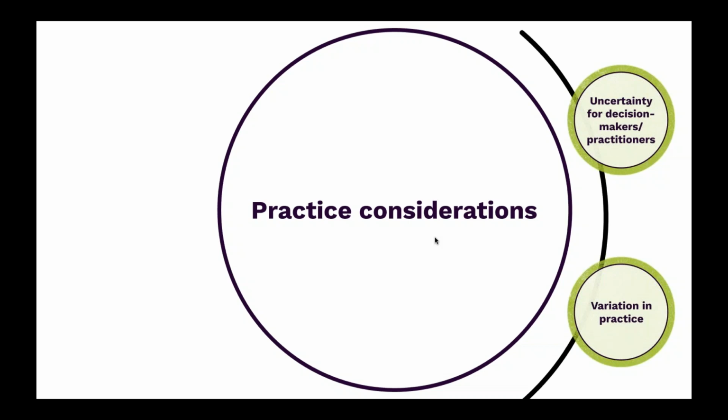Sometimes there's not uncertainty, but there's variation in practice. And it would be important to conduct a fresh, well-done systematic review just to draw the attention to where the evidence is pointing. And that could, in some case, at least that's the assumption, help with minimizing the variation in practice. So again, in terms of practice, it's either the uncertainty or the variation in practice.